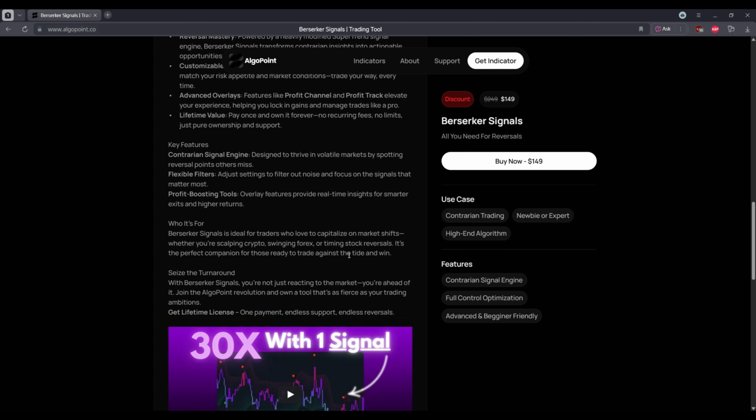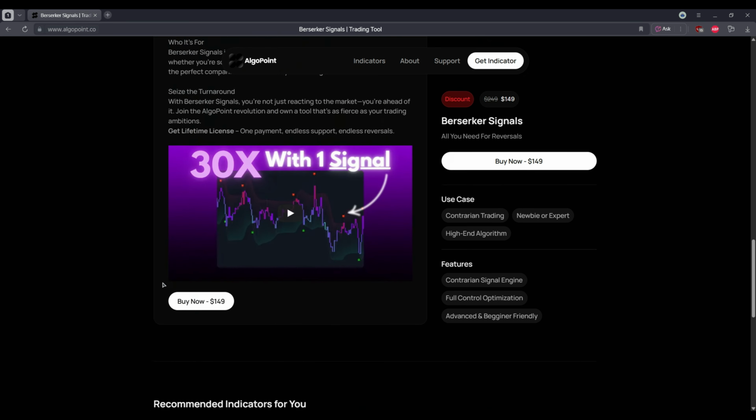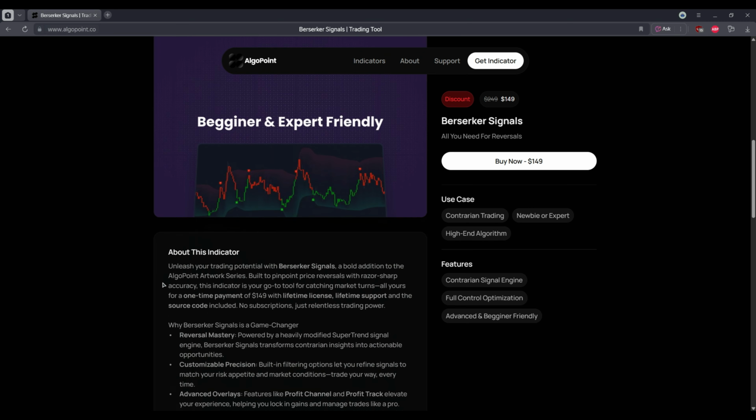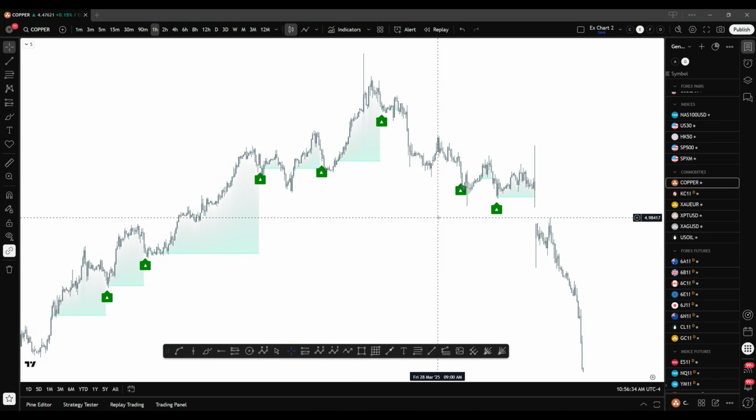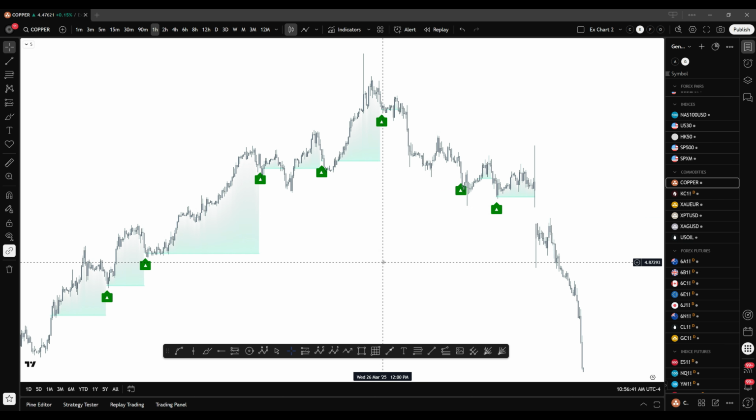Okay, so it's good for swing trading, timing stock reversals. Okay, so you can trade against the tide, so I guess you can trade against the trend too. But the video might tell you if it works for reversals or not, but like I said, it's not straightforward. So when it comes to optimal market conditions or which time frames or pairs to use it on, there really isn't a detailed guide on that.